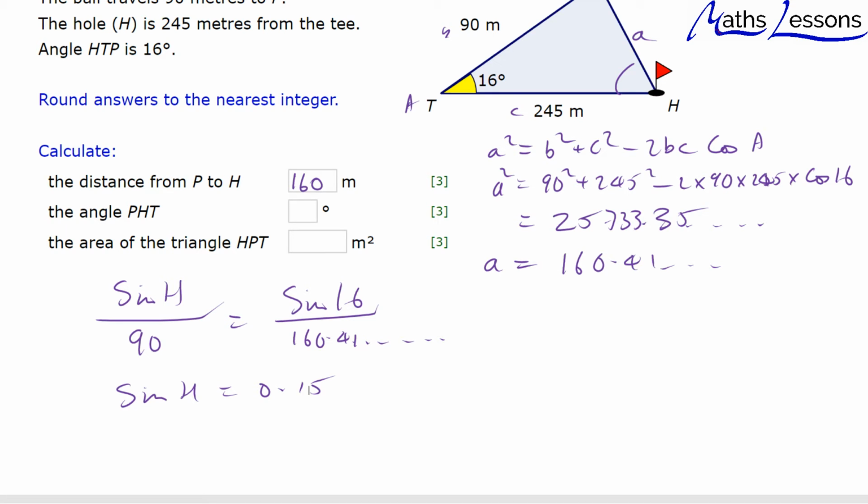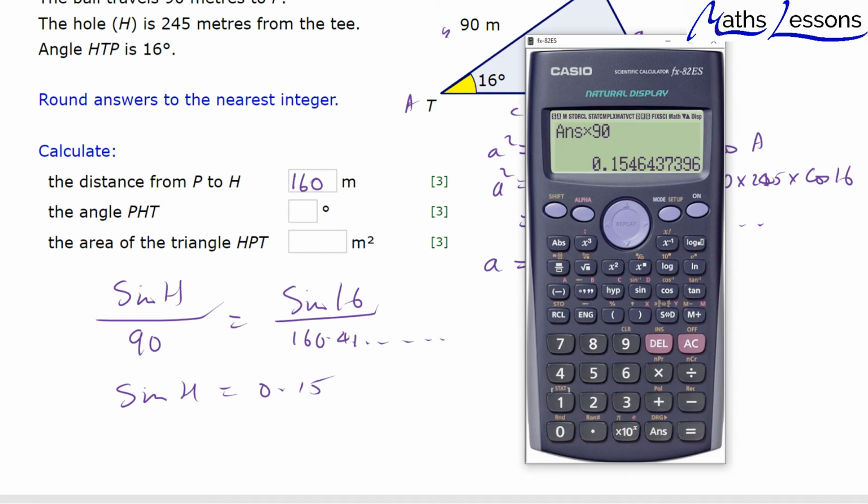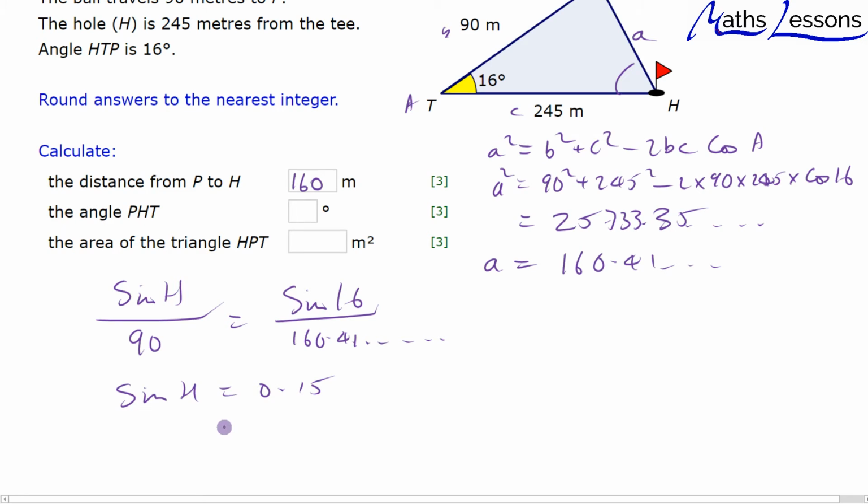And so therefore we're going to inverse sine that answer to find out what H is. So shift sine answer equals 8.89. Notice I don't do any rounding of any of my numbers on the way to the answer. I only round at the answer is the only time.